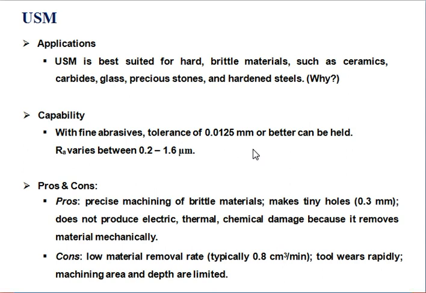Now what are the pros? That is precise machining of brittle material, like making tiny holes of 0.3 millimeter, and it does not produce electrical, thermal, chemical damage because it removes material mechanically.